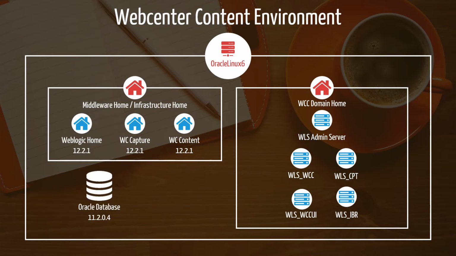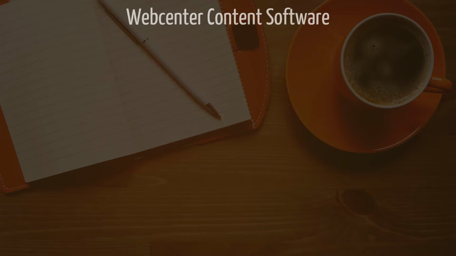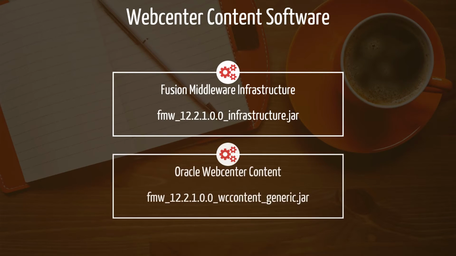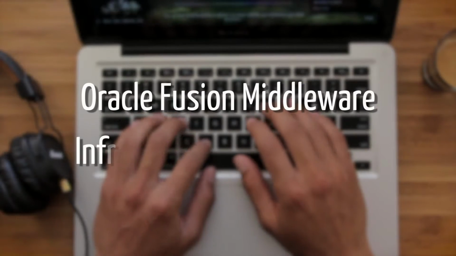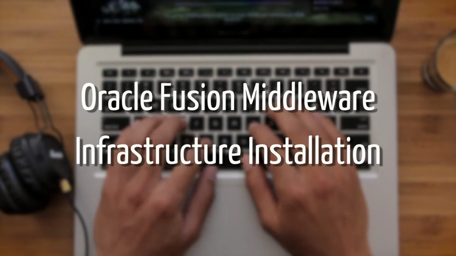I've already got Oracle Database 11.2.0.4 installed for our content schema, and I have JDK 1.8 installed on my virtual machine. And coming to the software, we need two jar files, one for Fusion Middleware Infrastructure and one for Webcenter Content. Let's start with Fusion Middleware Infrastructure installation now.